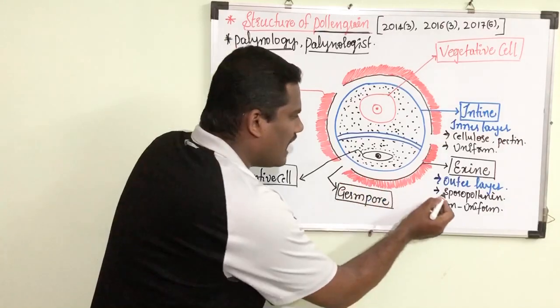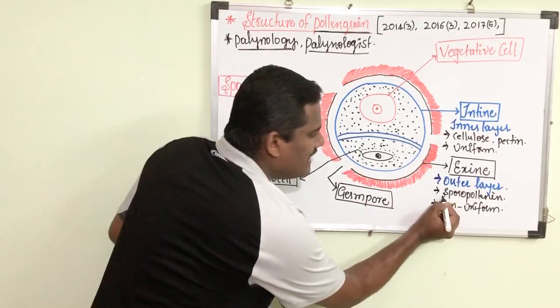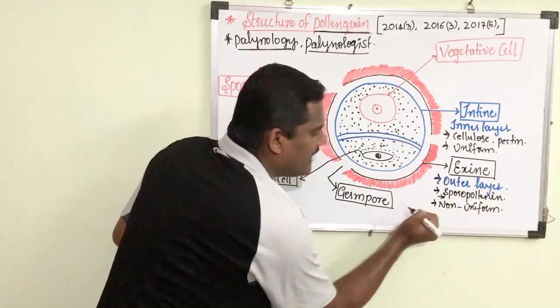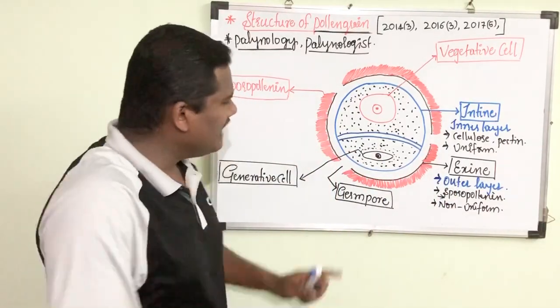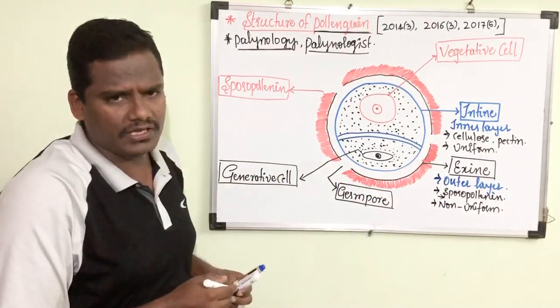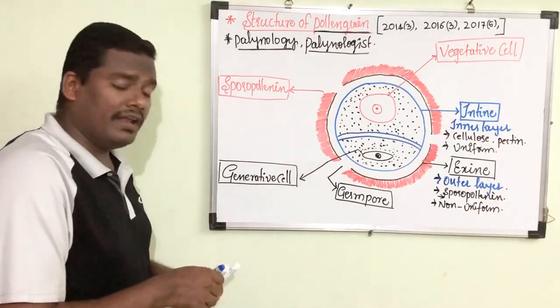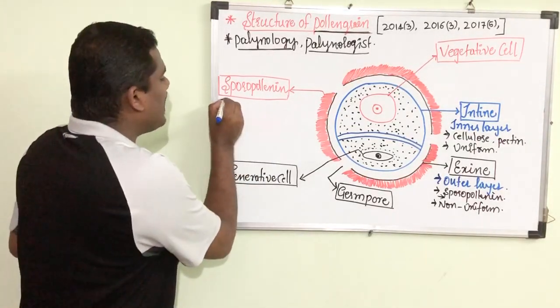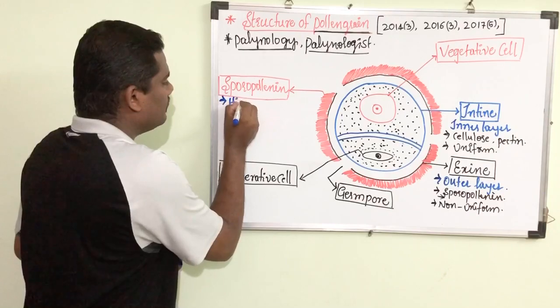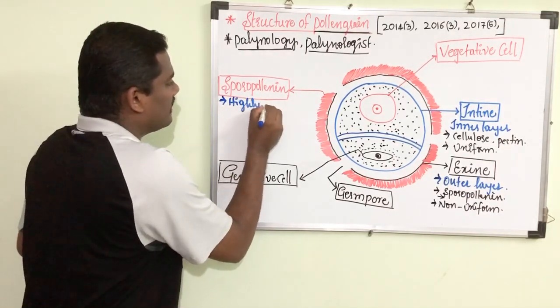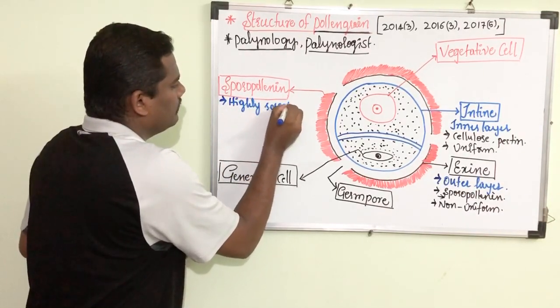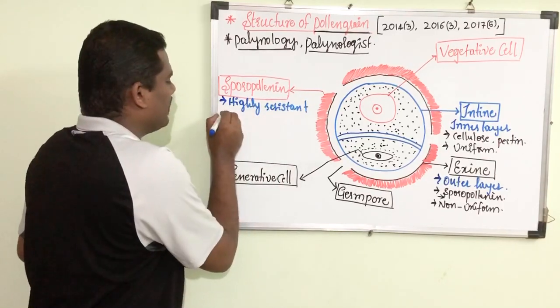Now, exine, as we have discussed earlier, is made up of a particular substance, that is sporopollenin. Let us understand what this sporopollenin is. Sporopollenin is considered a highly resistant material.